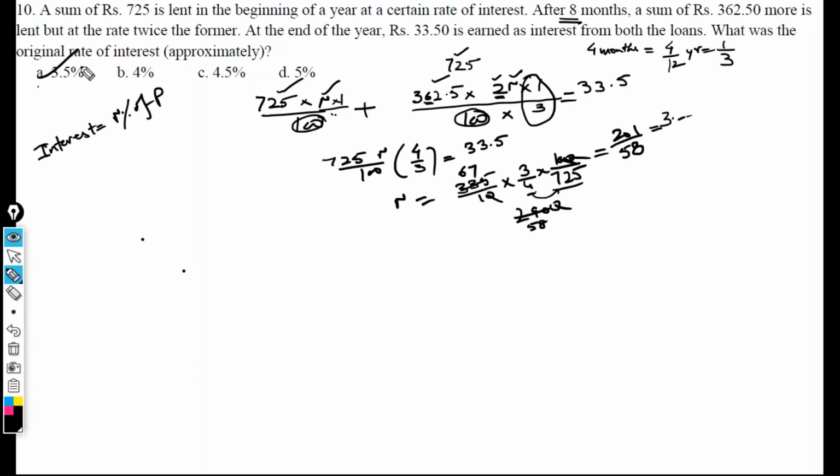Logically, we have to choose option A. Is it clear, everyone? The calculation part also? Good, good, good. Any student having any doubt, do let me know.